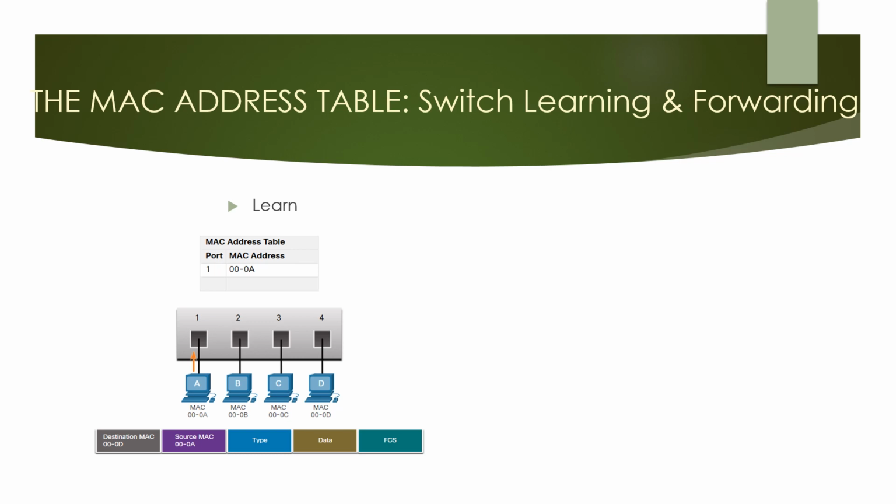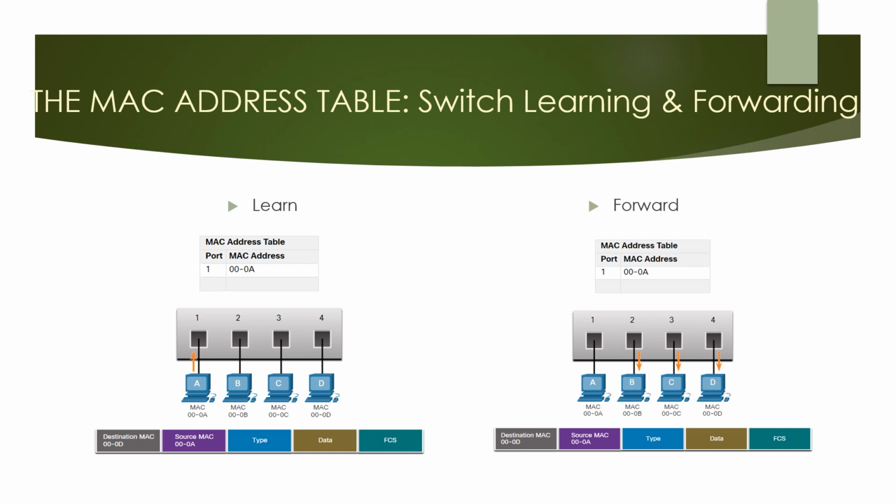The second process is forwarding. In forwarding, the destination MAC address has to be checked to see if it is a unicast, multicast, or broadcast MAC address. If the destination MAC address is a unicast address, the switch will look for a match between the destination MAC address of the frame and an entry in its MAC address table.